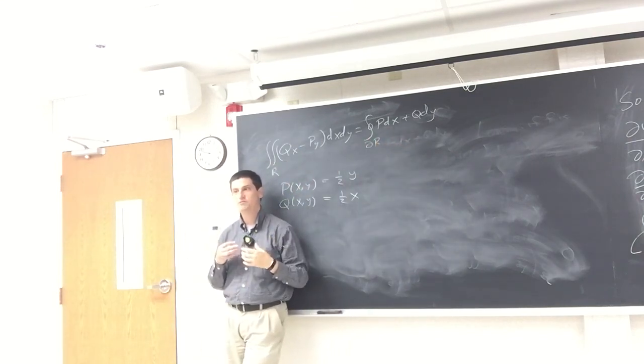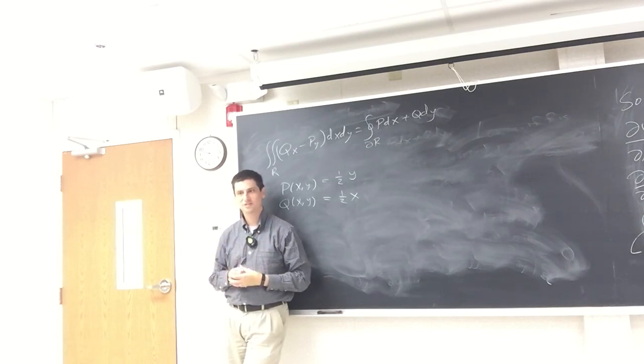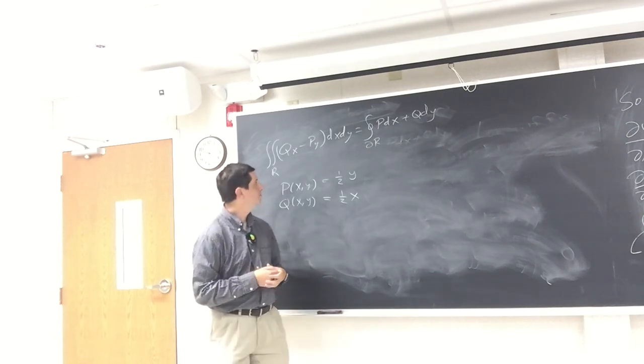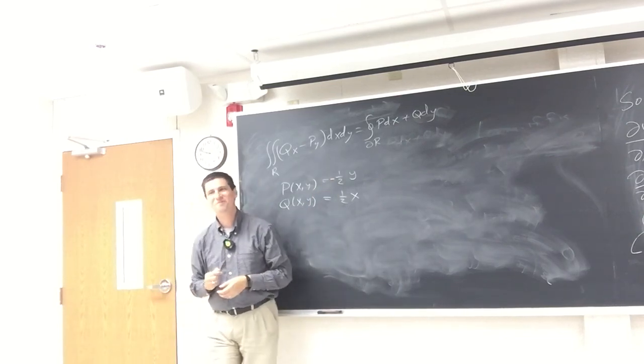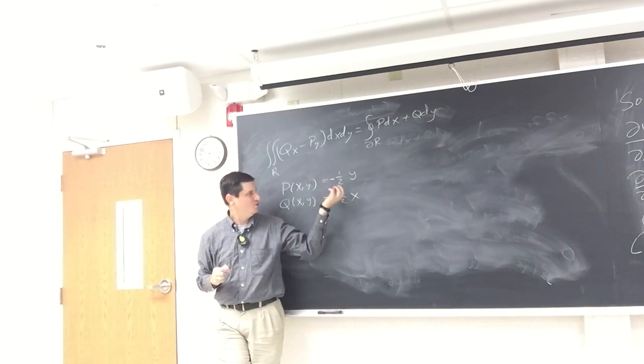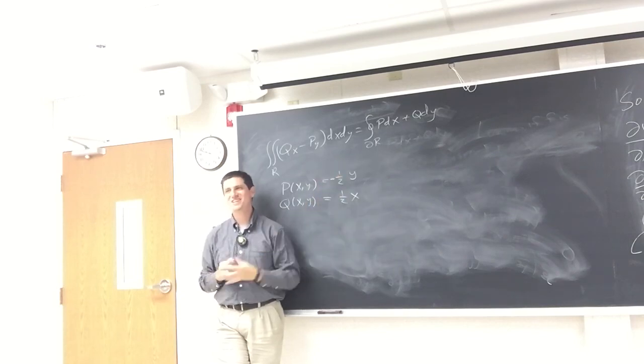So you can actually get areas of regions by doing appropriate line integrals. We want minus 1/2 y. Probably. Yes. So if you put in the correct function, you can get the areas.